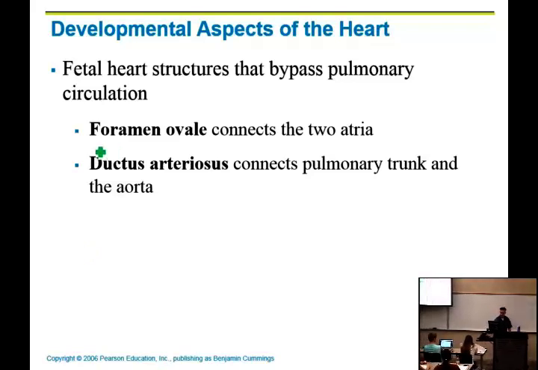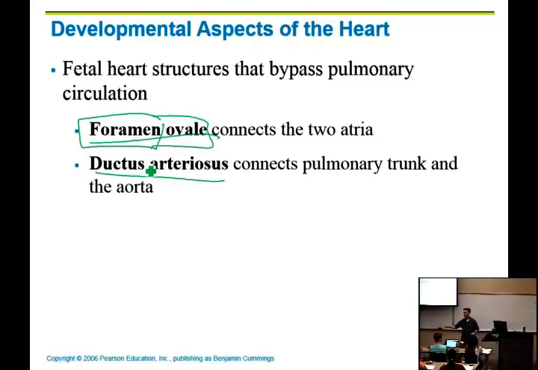So we know we have 2 differences in the heart, the foramen ovale and the ductus arteriosus. So the foramen ovale, foramen means what? Hole. And it's an oval shape. So this is a shortcut between the 2 atria because once we've done this exchange down with the placenta, we've got more oxygen and nutrients, etc. We're dumping that into the right atrium. We don't need to send that to the lungs again, right?